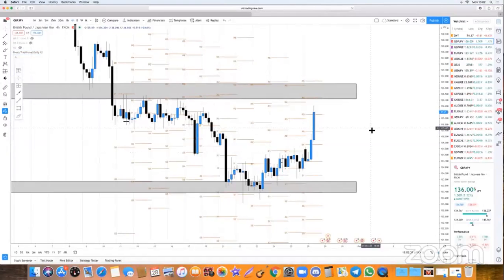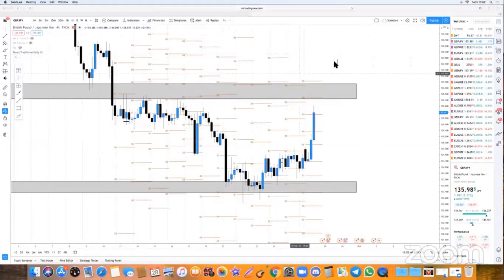A lot of you guys are going to like them if you use them, because they're very good. A pivot point is a shortcut to support and resistance.